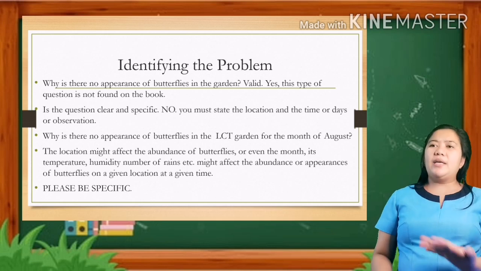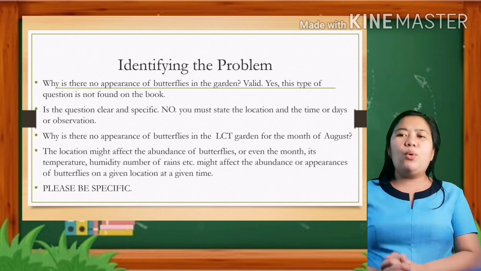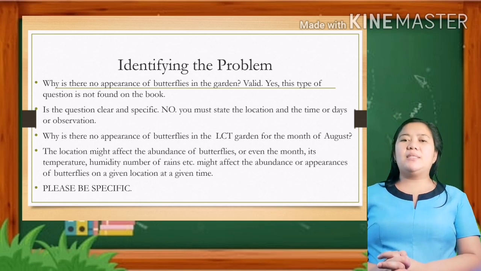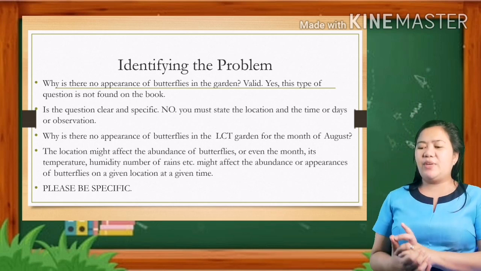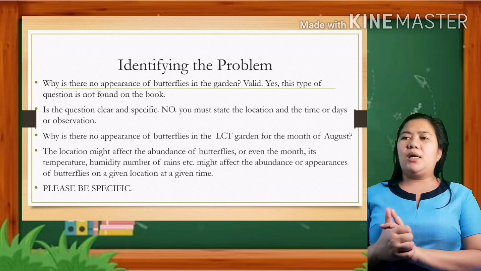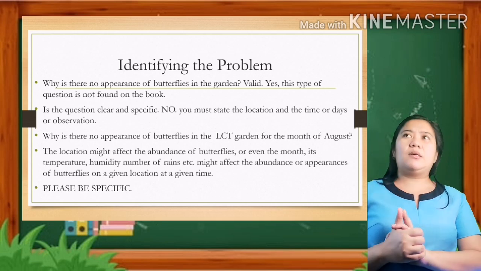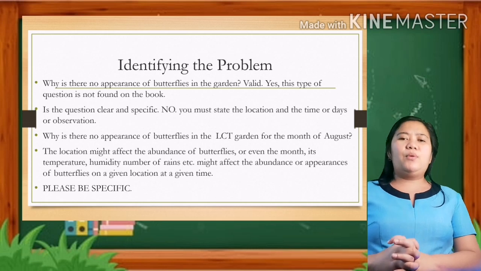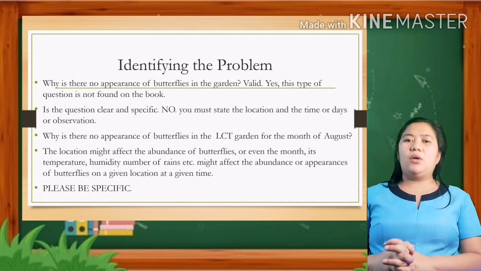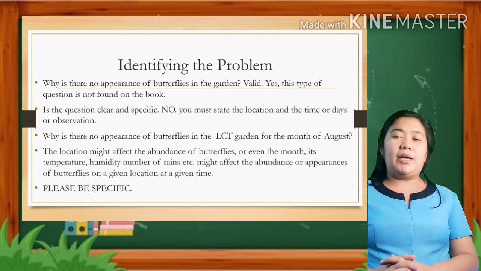So, to revise the question: why is there no appearance of butterflies in the LCT gardens? As you can see, it's very specific, because the LCT Garden at the University of the East, UE per se, both UE Manila and Caloocan, is found in an urban area.